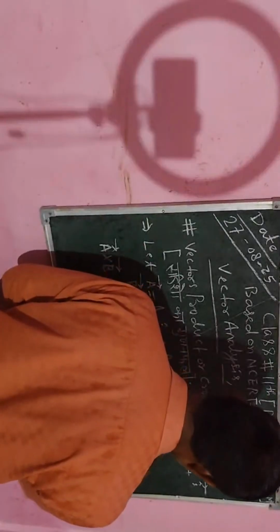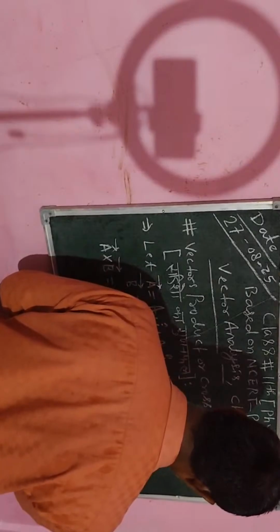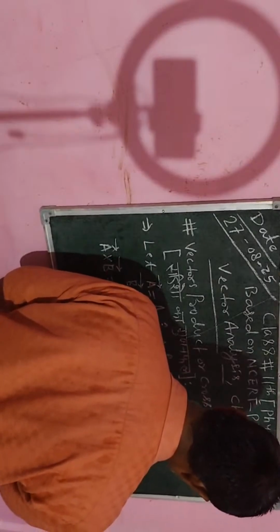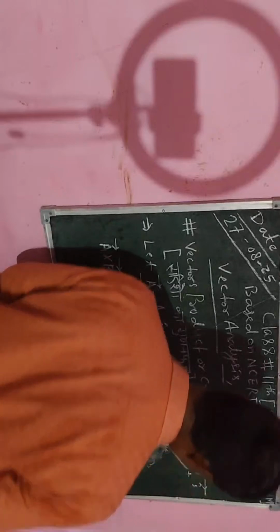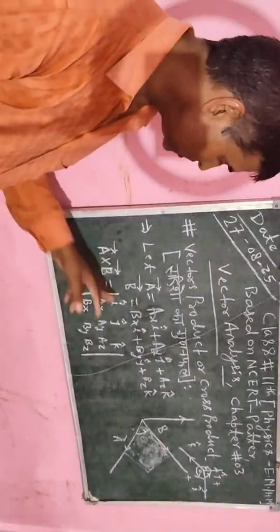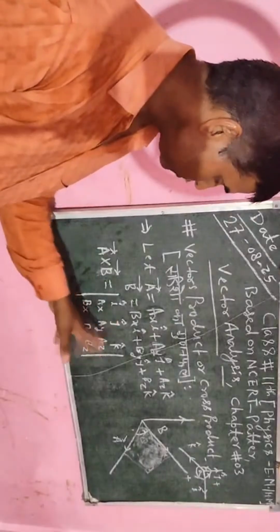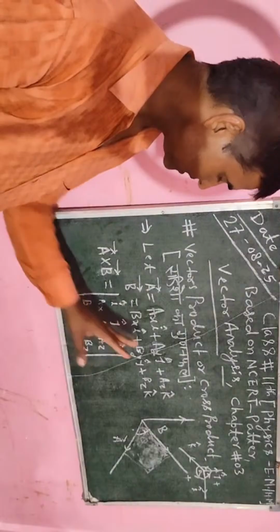So here I have to take the area of this parallelogram. The area of this parallelogram I can obtain by using this concept, that is vector A cross vector B, which is equal to, in the modulus sign, vector i cap, vector j cap, vector k cap.